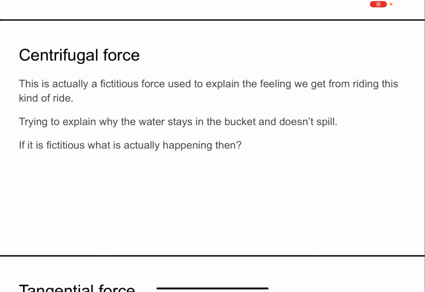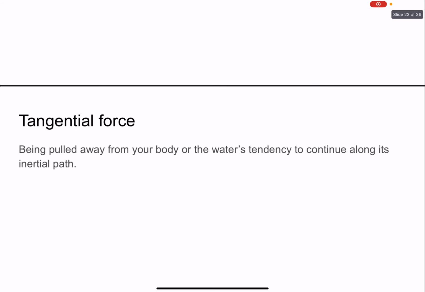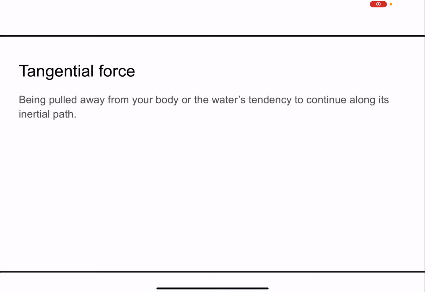So what is actually happening? It does feel like your body is being pulled towards the wall, or that the water is staying in the bucket. What that actually is, is tangential force, and basically it is inertia. It's the inertia of your body wanting to continue in the line it's being thrown in, or the water's tendency.